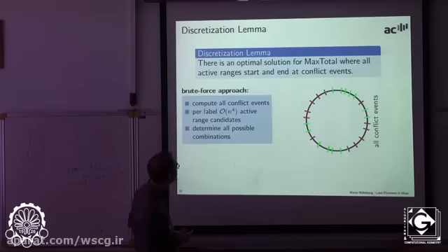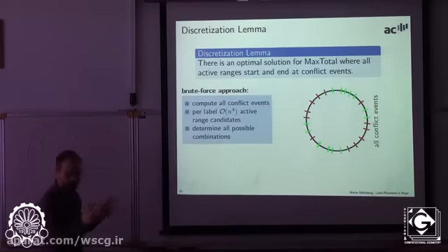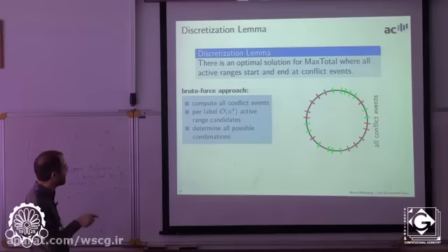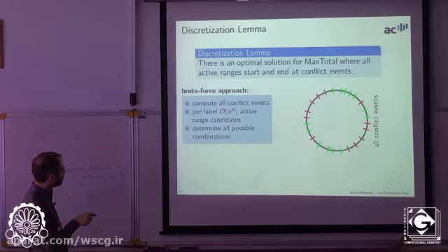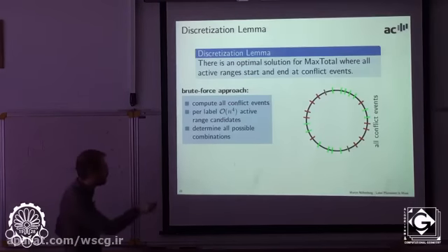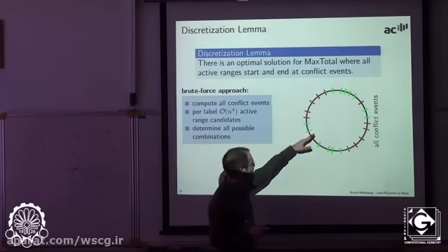Okay. So if you just think of a brute force algorithm, what you could do is compute all the conflict events. So take all pairs of labels, see when they intersect. This gives us a quadratic number of these conflict events on the circle, and then for each label we need to decide when to show it. You can show it never makes sense to start a label in between 2 conflict events.